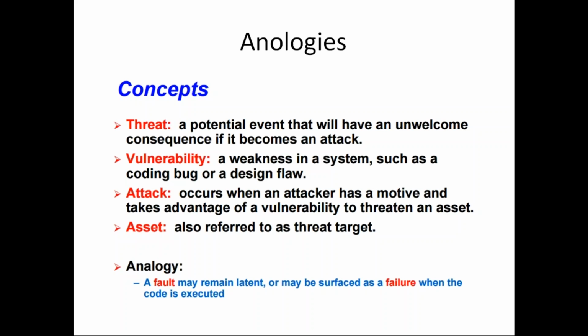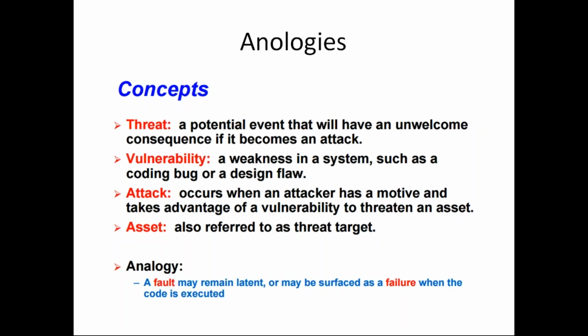Vulnerability is a weakness in the system. Because of the weakness in the system, a threat arises. An attack is the motive of that particular person, the attacker or the hacker. An asset is something present in your system.